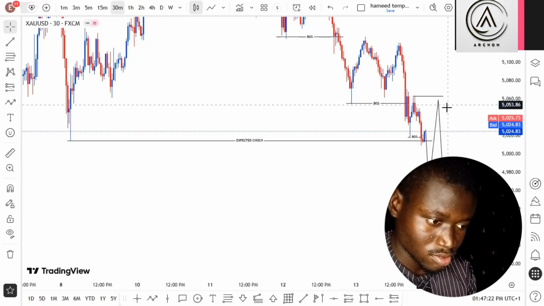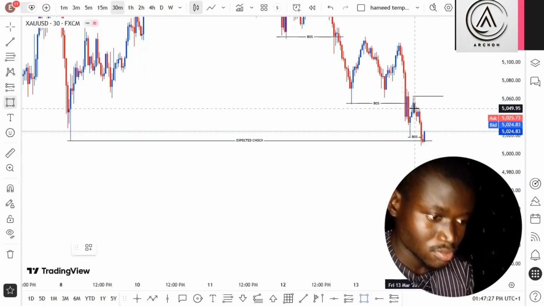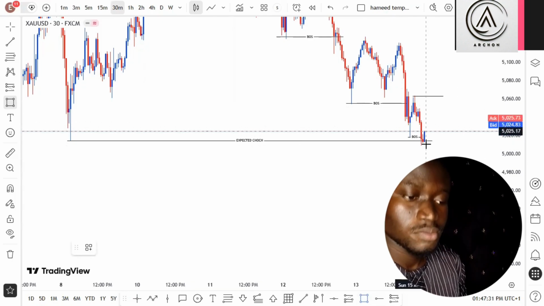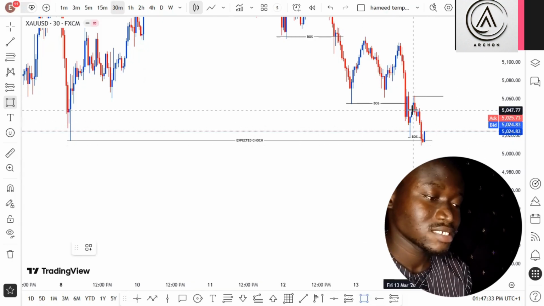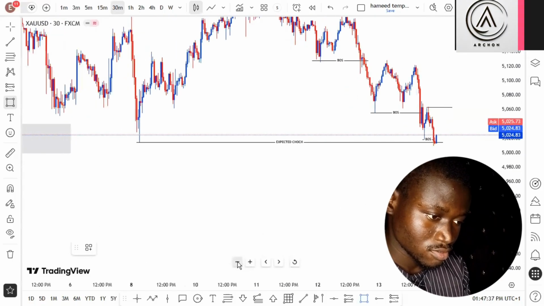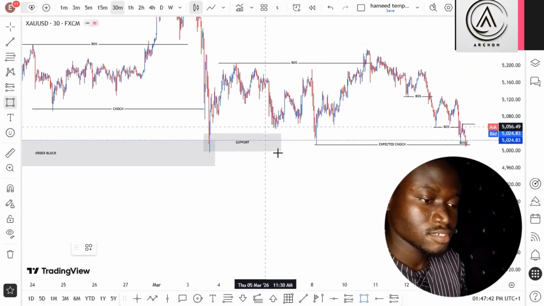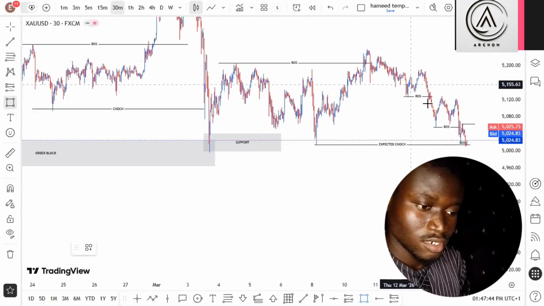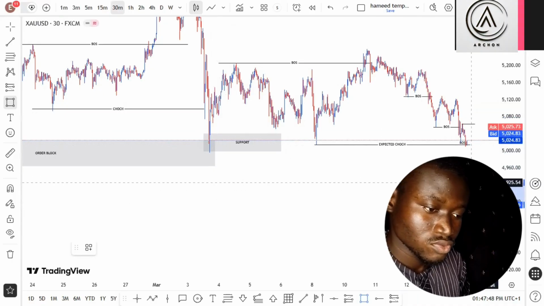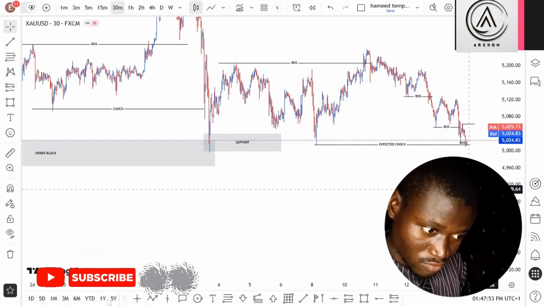What I'm saying is this: if this expected change of character finally becomes a change of character, it means the market is changing from being in an uptrend to being in a downtrend. So we're now expecting the market to reverse after giving us a change of character.